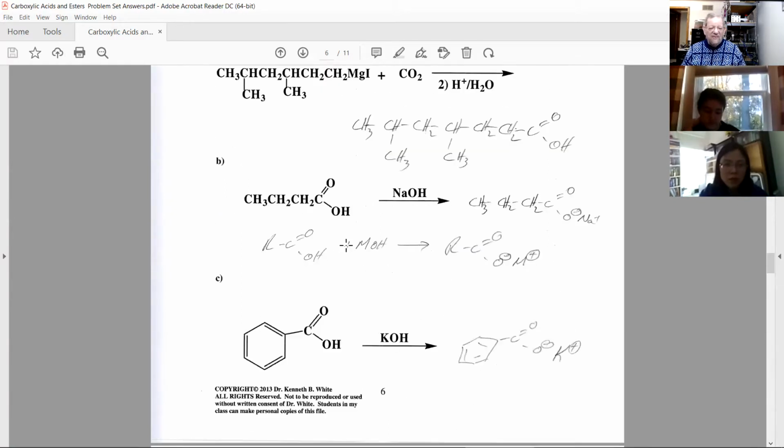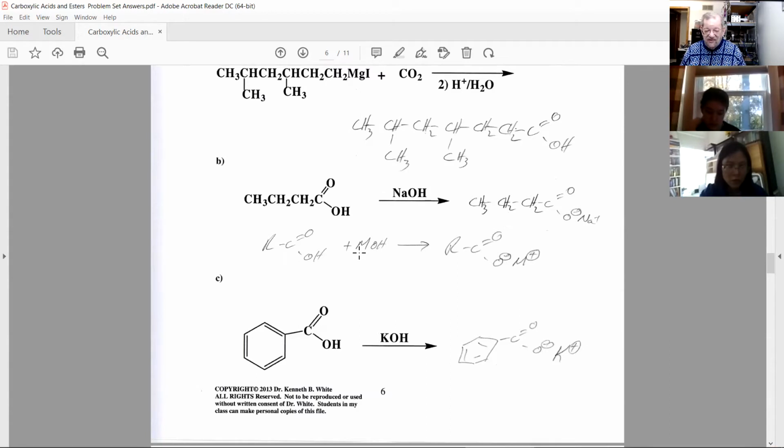Now, carboxylic acids are acids. Sodium hydroxide is a base, and you pull off the proton and make this carboxylate anion, where the cation comes from the base, sodium. Also, here's the general reaction. You can have other metals for this class.